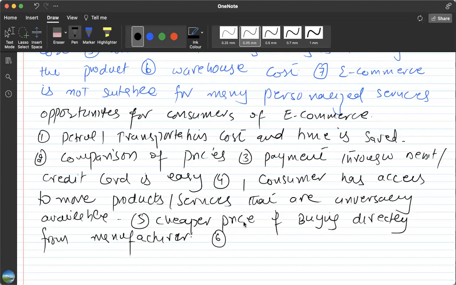And due to the development of technology, the packaging and transportation cost has fallen. The ultimate beneficiary of this is the consumer, because he has to pay a cheaper price now.